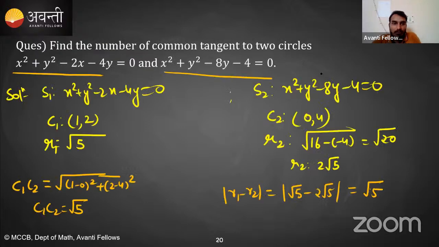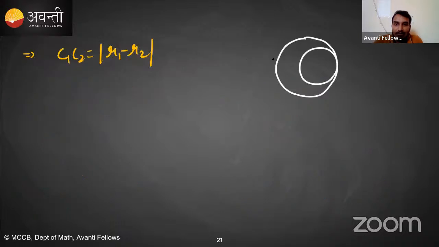S2 has a bigger radius. So let's say this is S2, this is S1, and this is C1 and this is C2. So C1C2 is equal to R2 minus R1, which means one circle is touching the other circle internally.